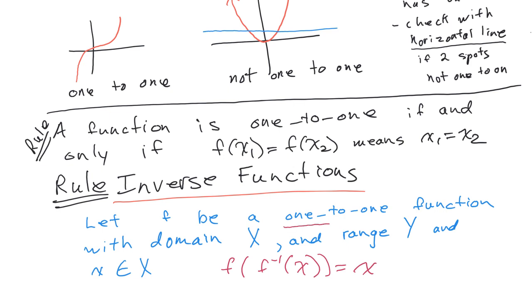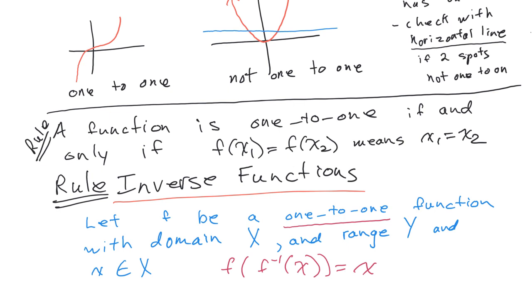So remember, we were talking about one-to-one. So imagine if I go and make you calculate f inverse and f, two functions, and then you stick one in the other and you get x back, then you know your function is one-to-one. So let's go and see if we can use this to our advantage.